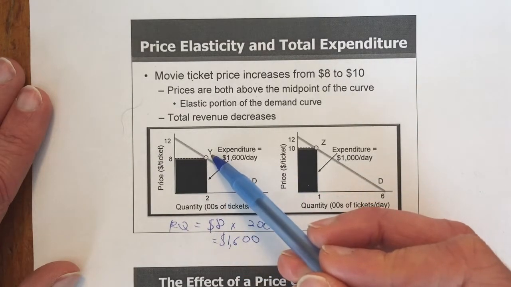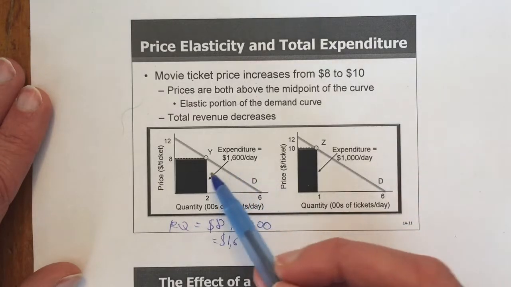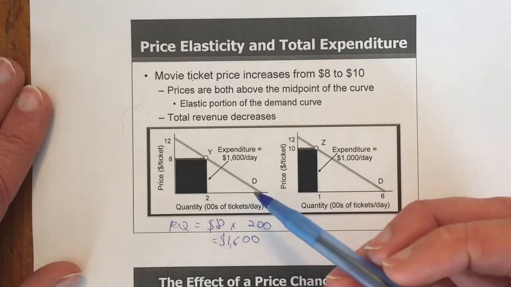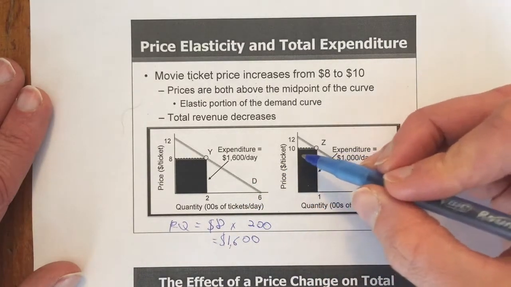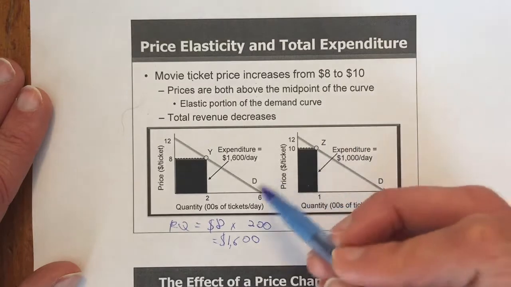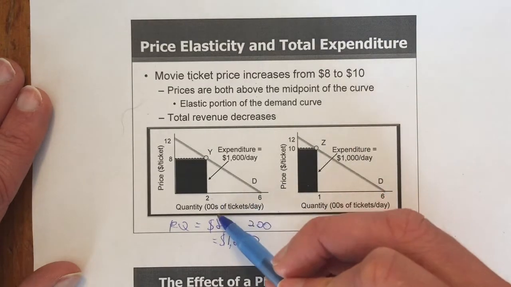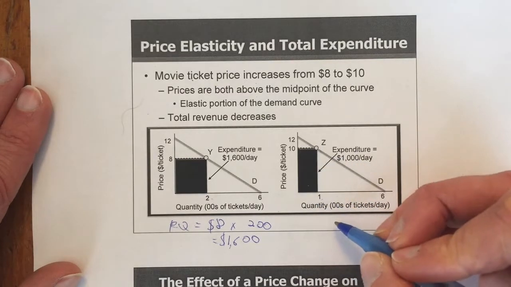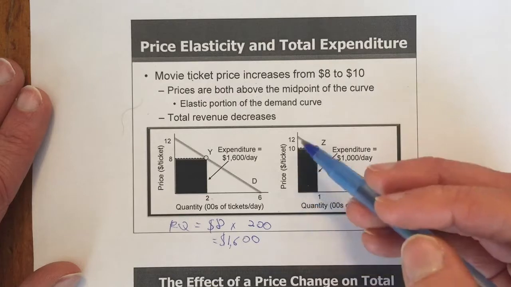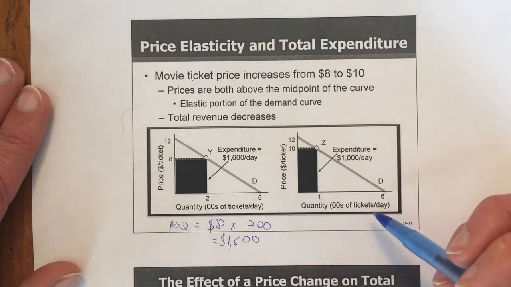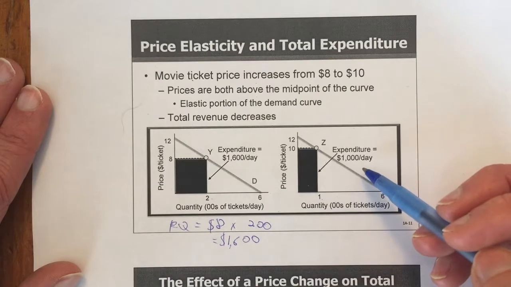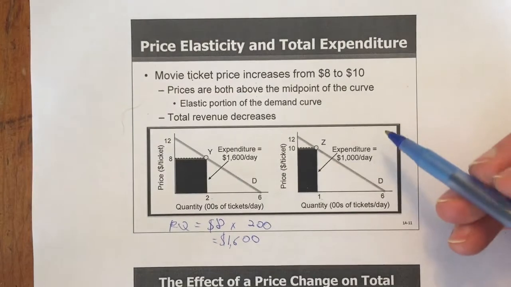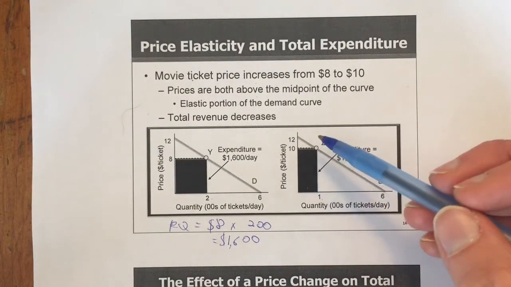And that's at this point on the demand curve, Y. But what happens if the price increases from $8 to $10? We'll see that the quantity demanded goes from 200 tickets a day to 100 tickets a day. At that point, the new total expenditure of $10 a ticket times 100 tickets a day is $1,000 of total expenditure, represented again by that rectangle under the curve.